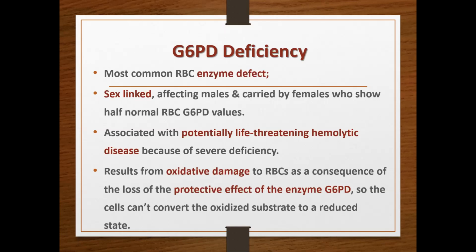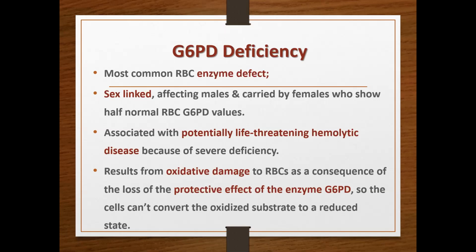Usually, the type of G6PD deficiency present in the Middle East is B-, which is associated with severe deficiency of the enzyme and severe hemolysis after exposure to oxidant drugs, infection, or ingestion of fava beans, while the other type, which is A-, is present in the Black population, and it is associated with moderate deficiency of the enzyme and hemolysis during exposure to specific drugs like anti-malarial drugs.